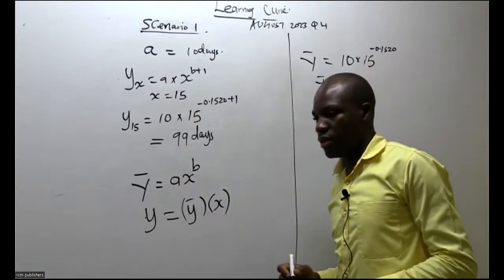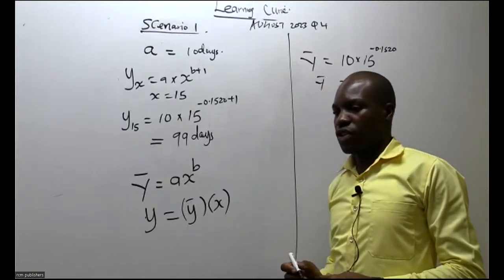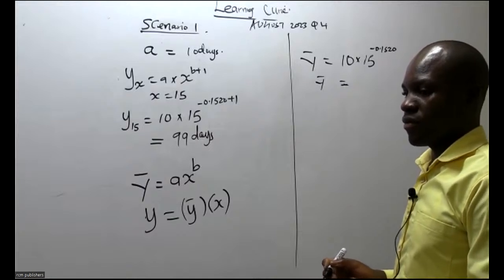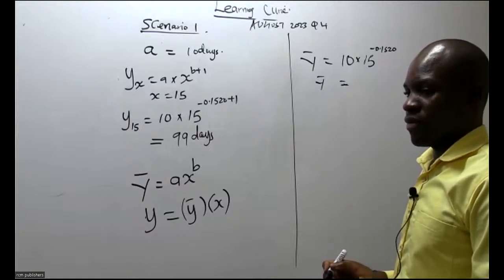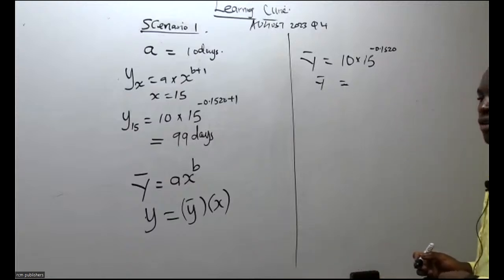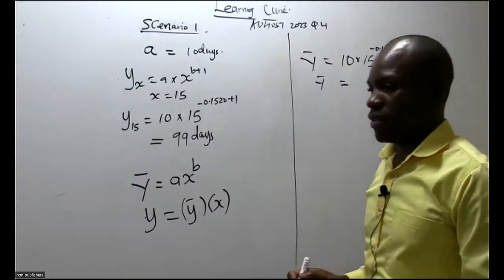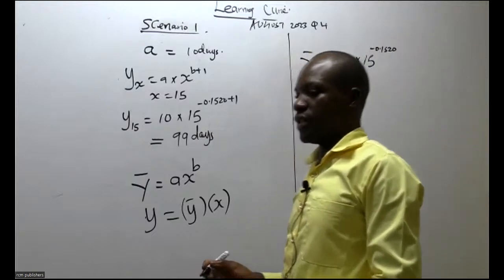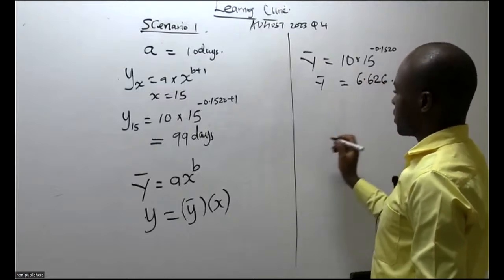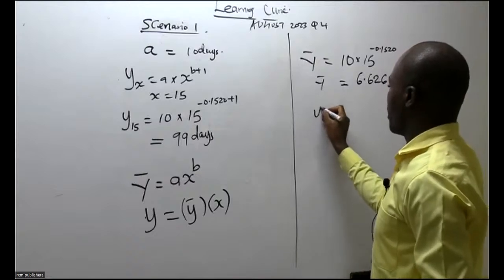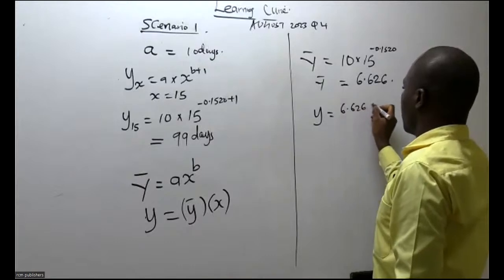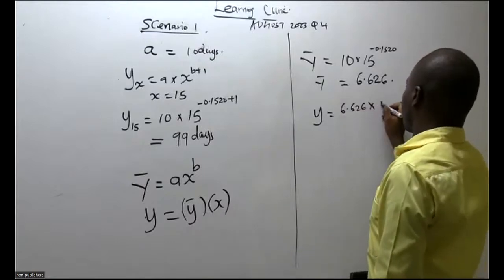Time is not on our side. 6.626. Give us the value of y, which is equivalent to the average, 6.626 multiplied by x, which is 15.